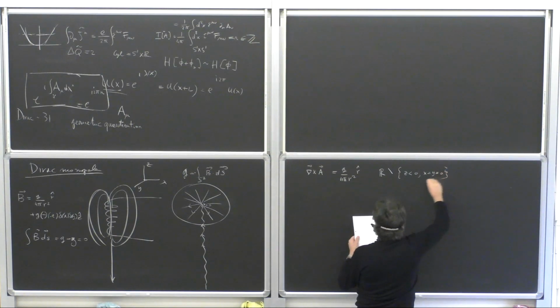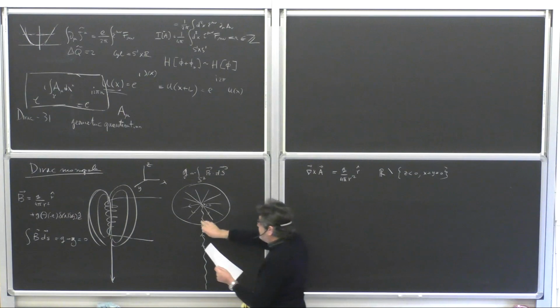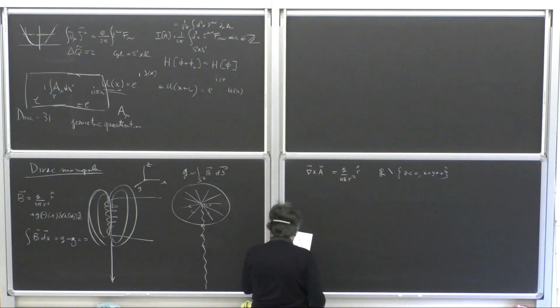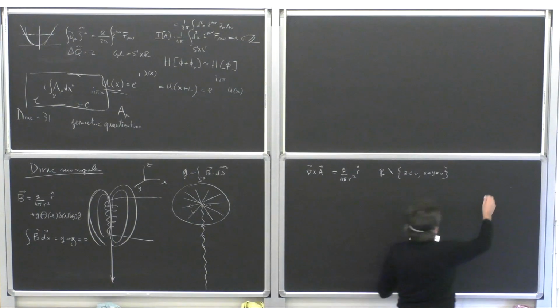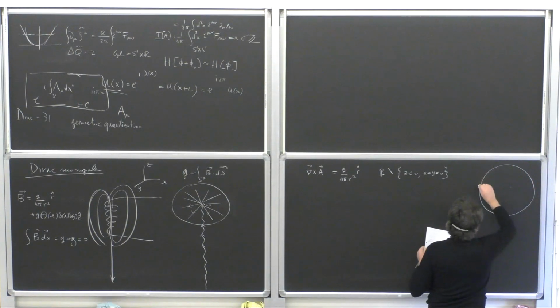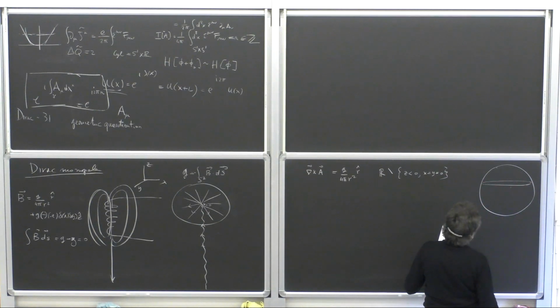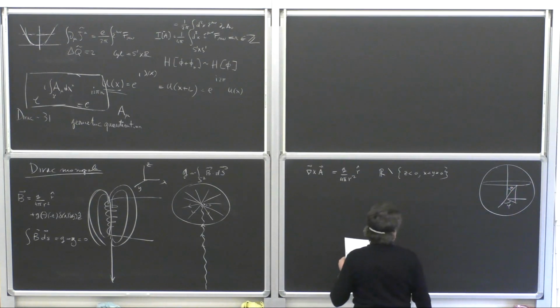So let me integrate A along a parallel. I'm also going to use the polar coordinates theta and phi.